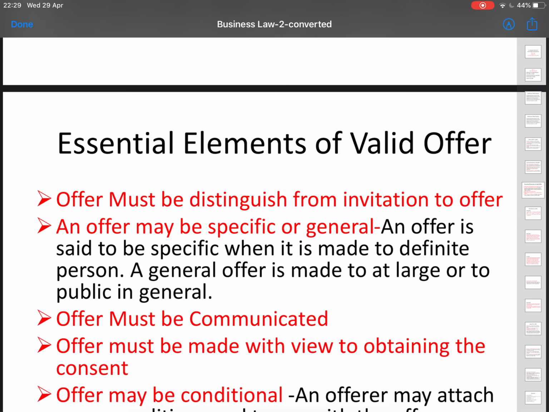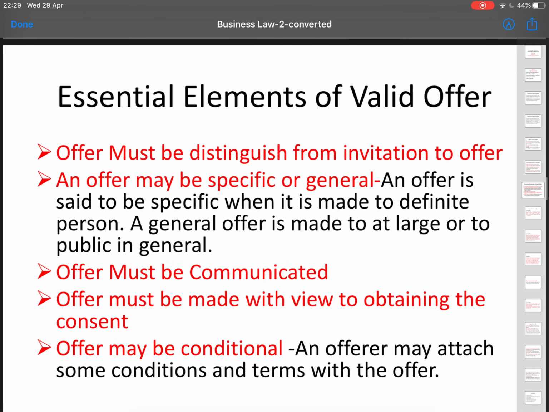Now, fifth, an offer may be specific or general. An offer is said to be specific when it is made to a definite person or persons. Such an offer can be accepted only by the person or persons to whom it is made.